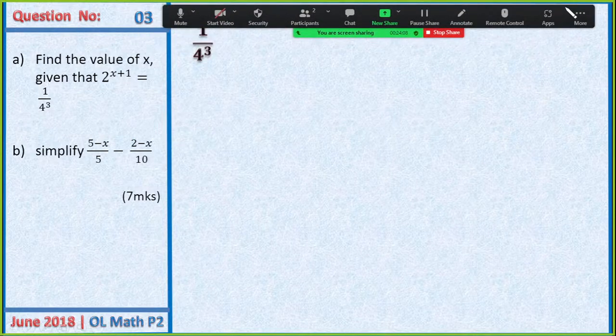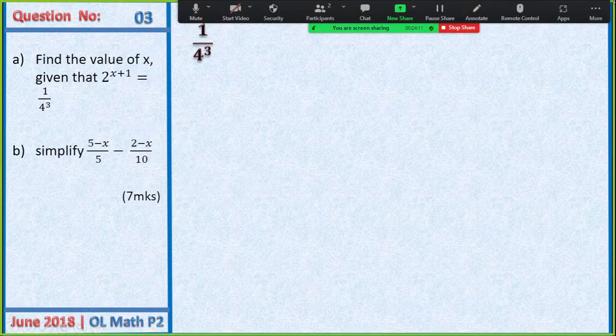You start by bringing like terms together, converting the 4 raised to the power 3. Here we have 1 over 4 to the power 3, and we have to make the bases the same. The base on the left hand side is 2. We have to make the base on the right hand side also 2.